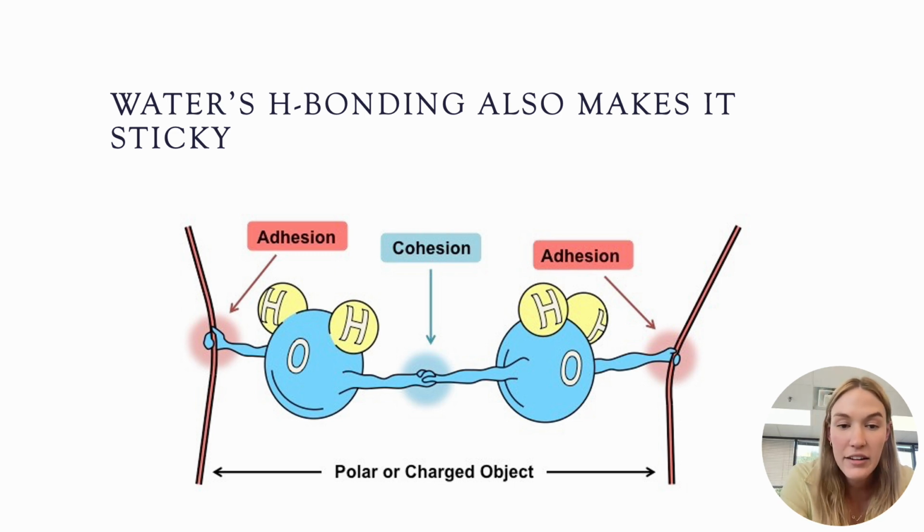So now we have hydrogen bonding playing a role in some other things. So it's not just how it dissolves, but also how water interacts with itself and other substances that it is not trying to dissolve. So we call these things adhesion and cohesion. And if you were in my classes, you might have noticed that I said there's a mistake here, and there is, right? Because this is showing that the oxygens want to hang out together.